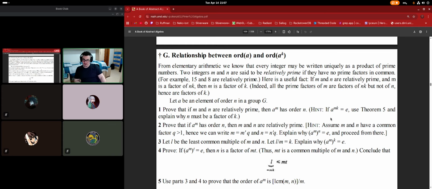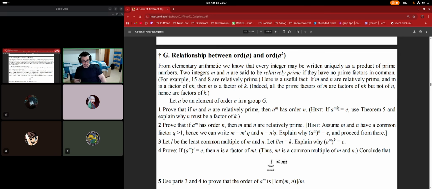Okay, but I don't see how that explains it. First of all, why are we interested in a to the power of mk? Because we just discovered that. M can be simplified in terms of k and other stuff, right?